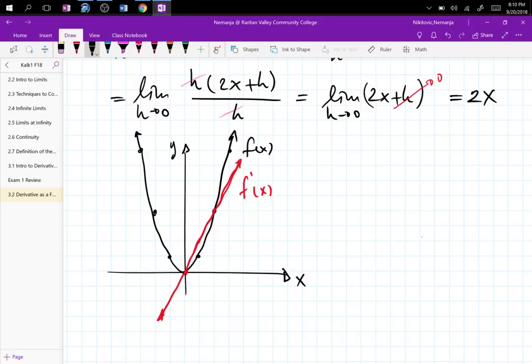Because the y-axis is at the same time also the y prime axis, depending on which graph you're going to look at. And we also see now that the red function, which is the derivative, is a function because it passes the vertical line test, and it's linear, so we know it's a function. It's a linear line, belongs to polynomials.